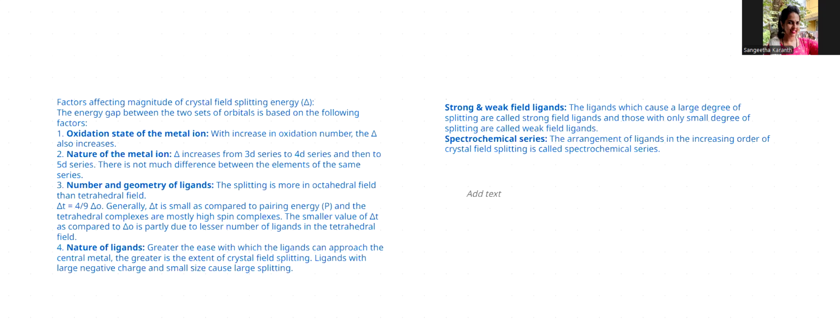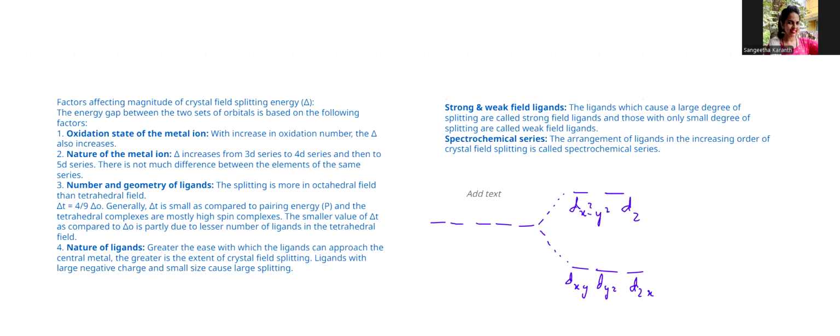So what is meant by magnitude here? As I already told you, the 5 d orbitals will be degenerate. In an octahedral complex, the 3 orbitals will be below, that is dxy, dyz, dzx, and above, dx square minus y square and dz square.